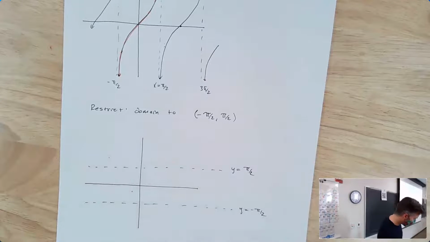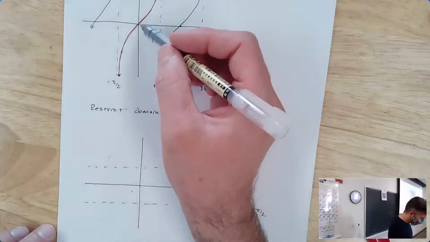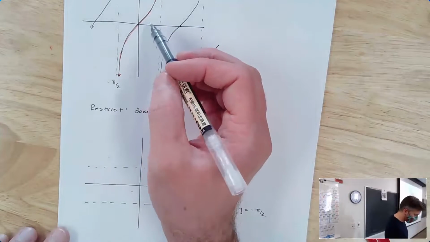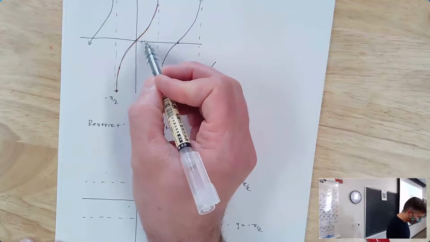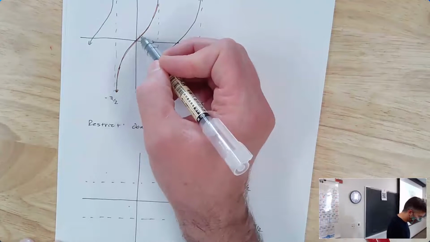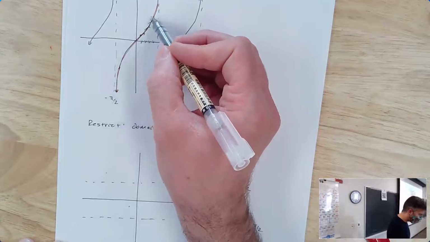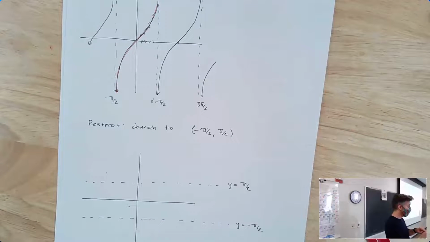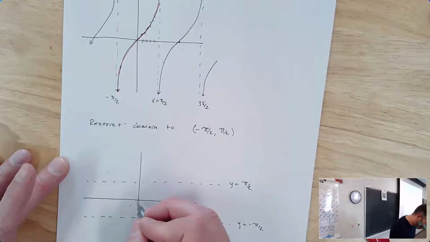And we see it here. So the way I would think about this is as the x values get closer to pi/2, the y values get very, very large. Well, that's going to switch. So now as the x values get very, very large, the y values get closer to pi/2. It'll look like this.